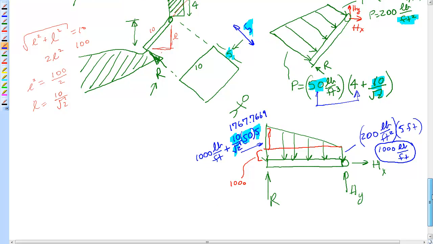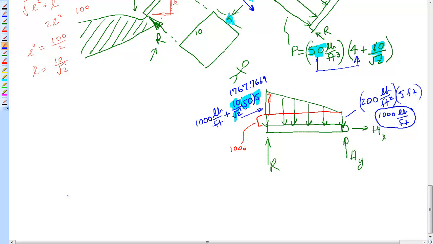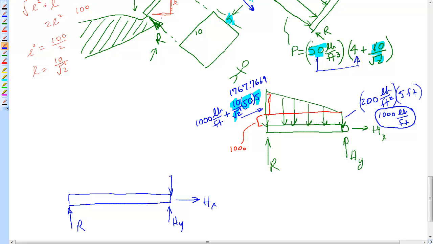And now my drawing is cluttered, so I'm going to reproduce it again. There's my reaction. Hinge Y, hinge X. I've got this load.